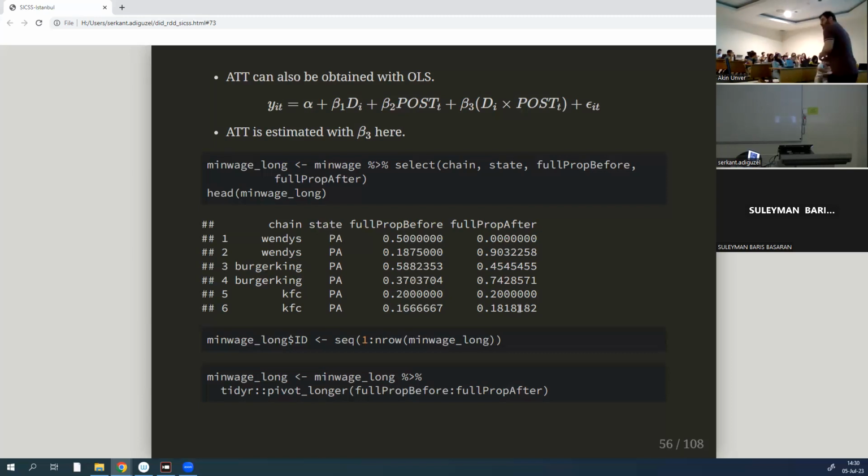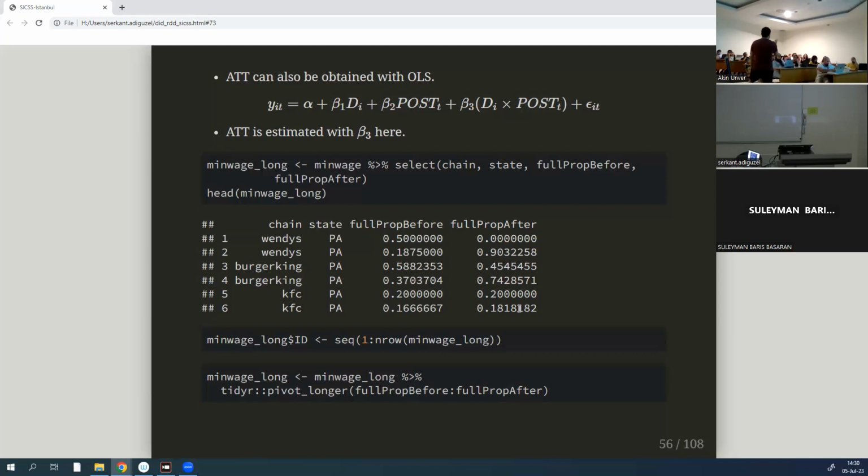Can we create our own synthetic one? Oh, that's another research design, yeah. You can create a synthetic version. If you have data points from across states, you can create a synthetic New Jersey and compare New Jersey with that synthetic version.